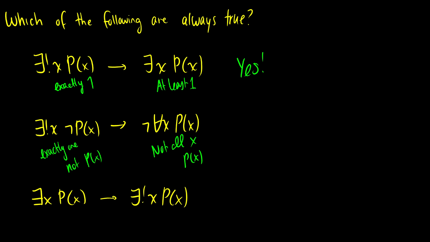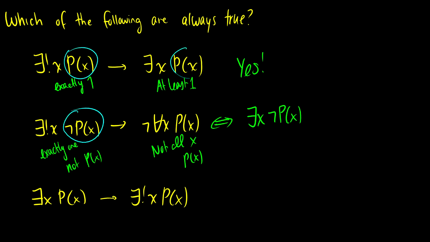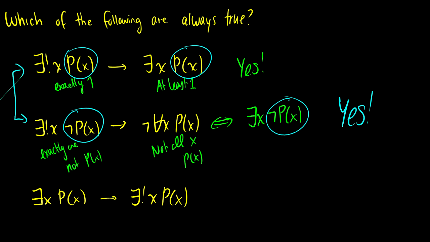And of course, we can find logical equivalence here, so we know this is the same thing as saying there exists an x such that not p of x. And we can see that if we substitute not p of x for p of x, this is exactly equivalent to the first line, so of course this is true as well. So for instance, you may be asked to prove that these two are logically equivalent. That could be another question that could be asked. So we've shown that the first two are true. What about this last one?